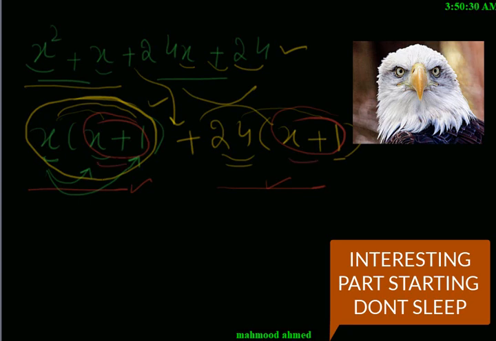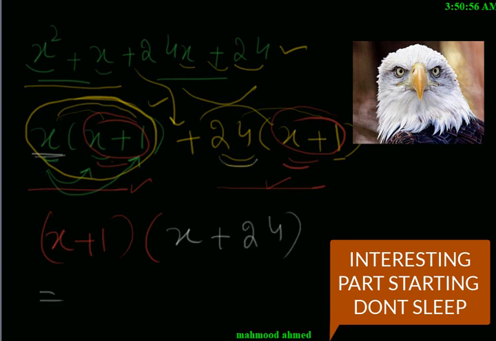So x plus 1 we take out as a common factor, and it is common from both halves of the above expression, and the leftover remaining is x, so I write x and then plus 24. So this is the way.